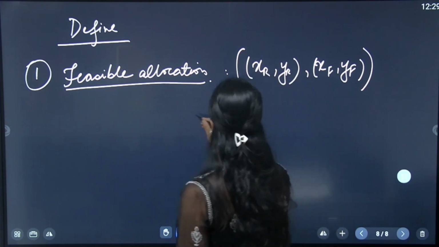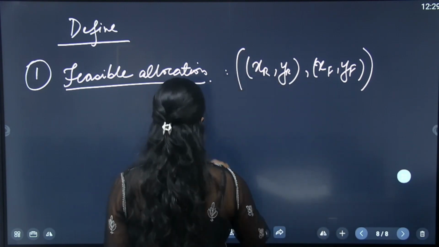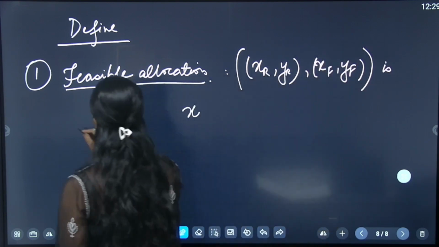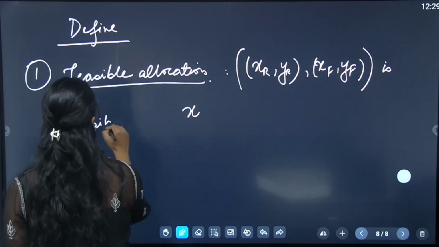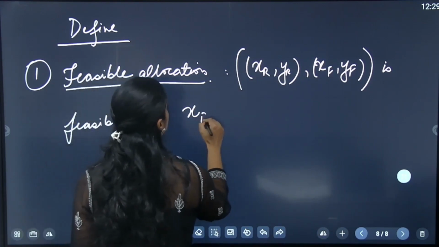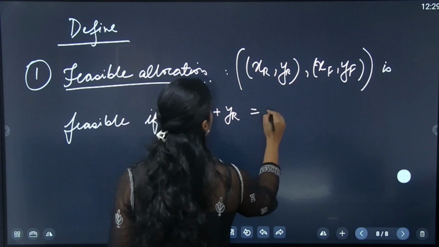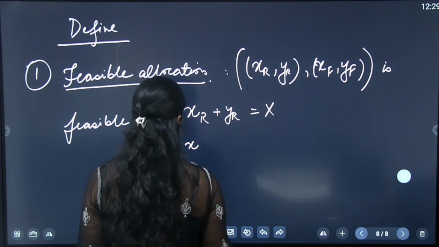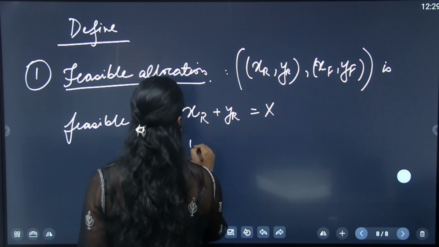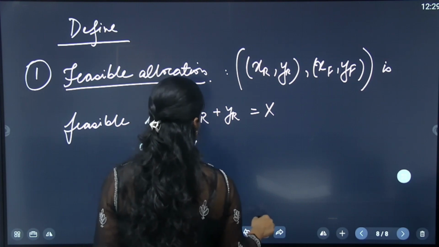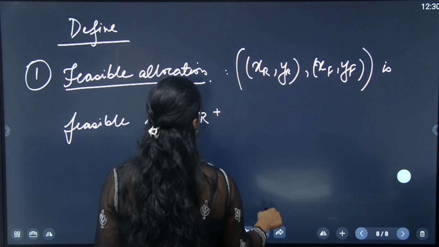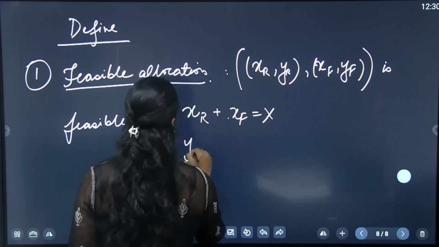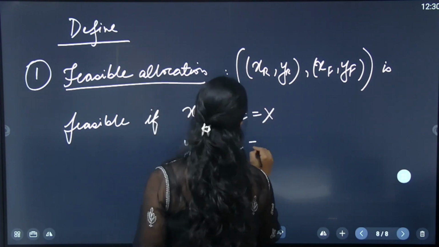So this allocation is feasible if XR plus XF is equal to X and YR plus YF is equal to Y.